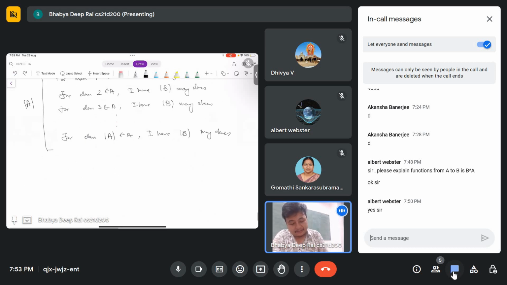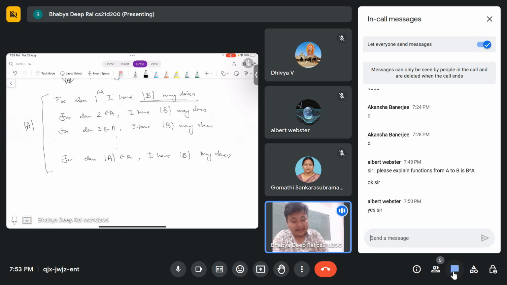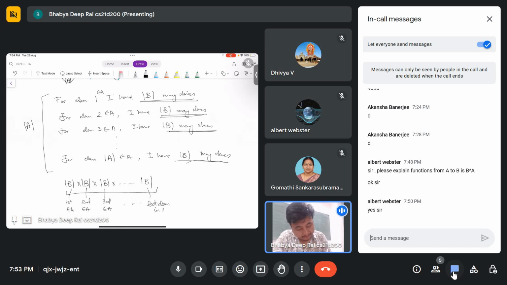Now just using the product rule, I simply need to multiply these choices: the number of choices for the first element, times the number of choices for the second element, times the number of choices for the third element, and so on till the last element in A. How many elements do I have?